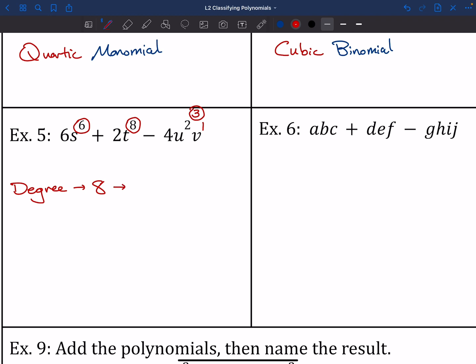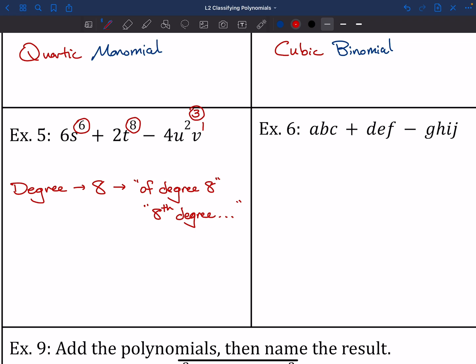So if you flip back to the front of this, you'll notice that we don't have a special name for when it's got a degree of 8. So we're just going to say of degree 8. If the number's not too weird to say out, you can also just say it's an 8th degree, like people say I'm a 2nd level black belt.